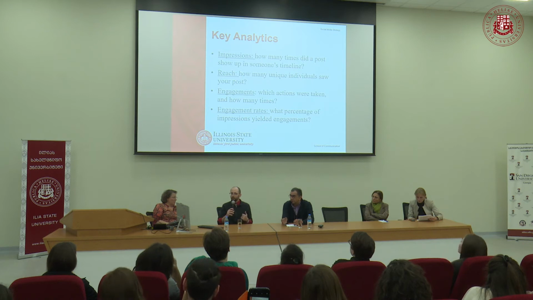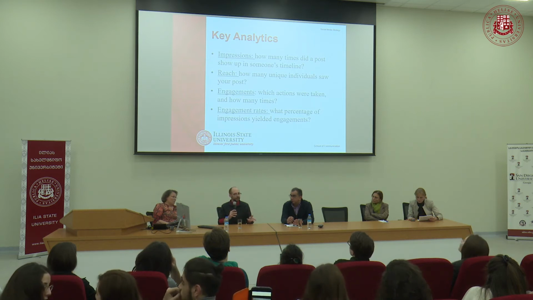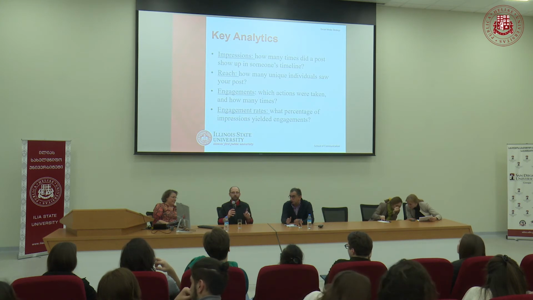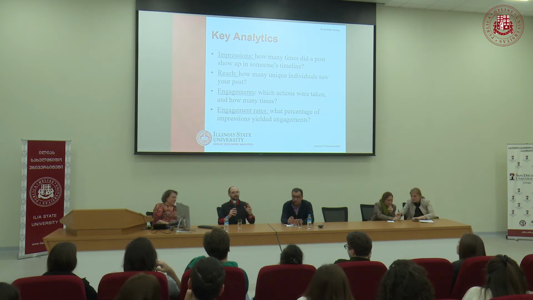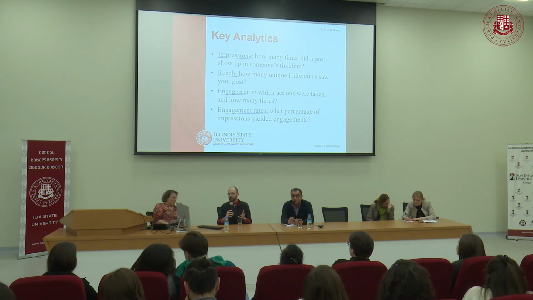And then third and fourth, they'll show you the engagements, the kinds of things that happen on your posts. And this is more than just the likes and more than just the shares, especially Facebook, as we'll see here in just a moment. And Twitter will actually break down all of the kinds of interactions, the clicks, the types of clicks, whether people are watching your videos, all of that is available.